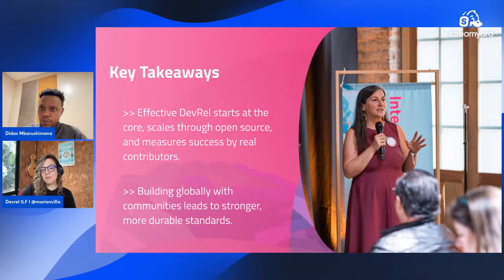Beyond ILP, Open Payments, and web monetization, we have several supporting projects in the ecosystem that make it easy for developers to experiment, build, and deploy applications. For example, Rafiki. If you want to go directly to github.com/interledger, you can search for that word, Rafiki.